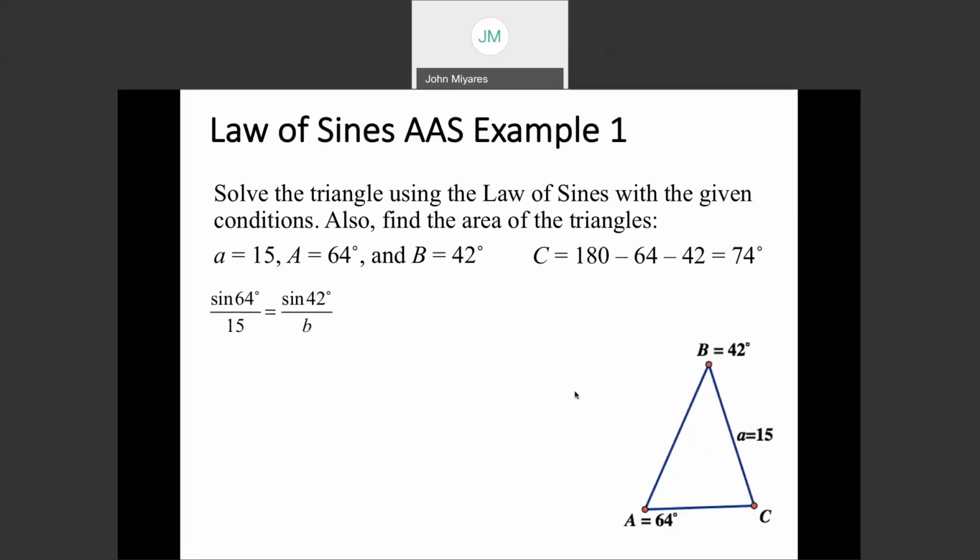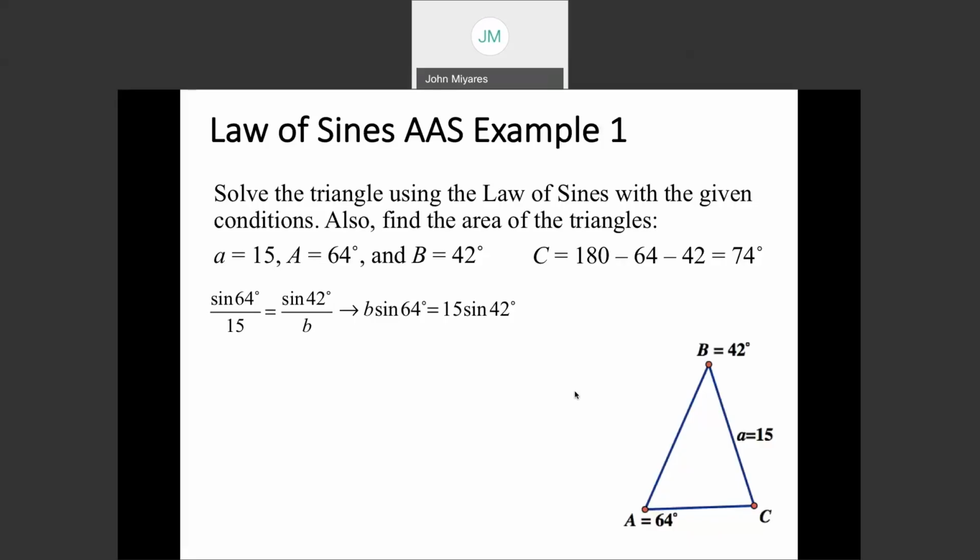Now that we have all three angles, let's start solving for the missing sides. To find the length of side B, we're going to set up the proportion sine of angle A, which is 64 degrees, over side A, which is 15, equals the sine of 42 degrees, which is angle B, over side B, which at this point is unknown, but would be the side across from angle B, not explicitly marked in this diagram. When solving proportion problems like this, you'll want to cross multiply and set the cross products equal to each other. So you have b times the sine of 64 degrees equals 15 times the sine of 42 degrees.